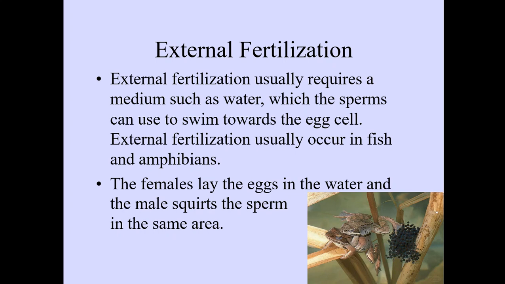Sa labas magmi-meet yung egg and sperm. The females lay eggs in the water and the male squirts. Pag sinabing squirts, magpapalabas siya ng sperm in the same area para magsama or mag-meet yung egg and sperm nila sa tubig.